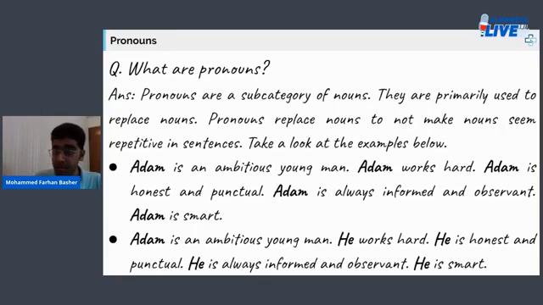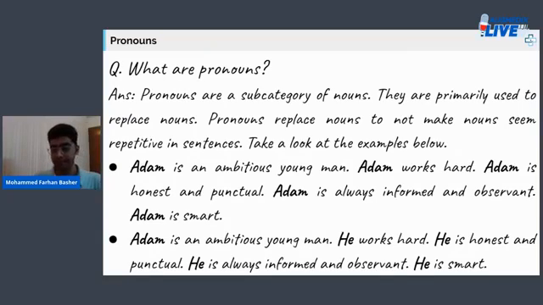But if you keep taking the name, it does sound repetitive and annoying. So you only take the proper name once, and every time you have to mention that person, you take the noun's corresponding pronoun. Like in here, Adam is an ambitious young man. He works hard. He is honest and punctual. He is always informed and observant. He is smart.